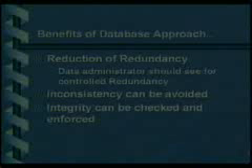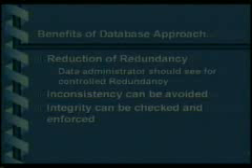The second advantage of this scheme is reduction of redundancy. One point mentioned here is that the data administrator should see to controlled redundancy. Inconsistency can be avoided, and integrity can be checked and enforced.